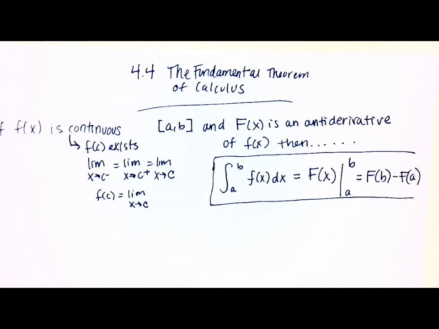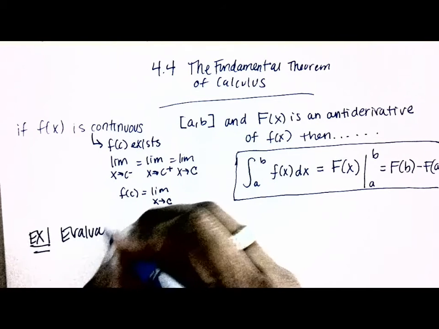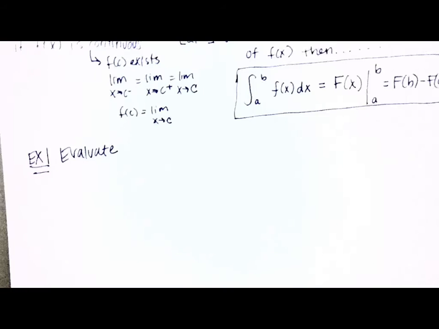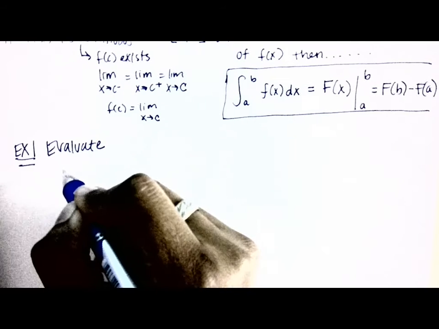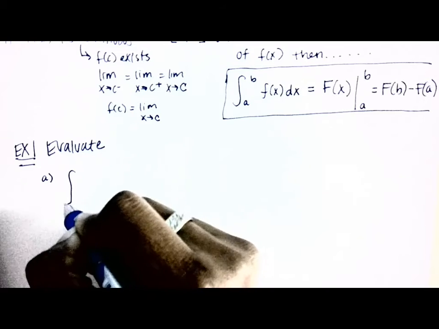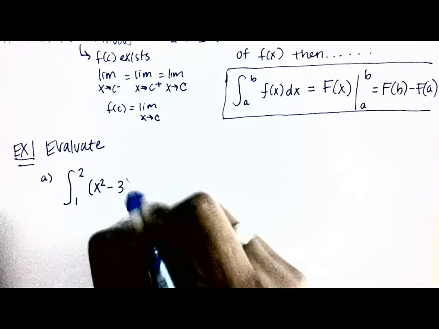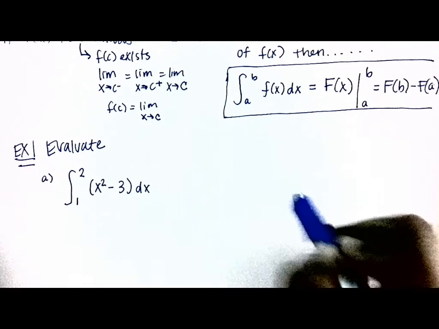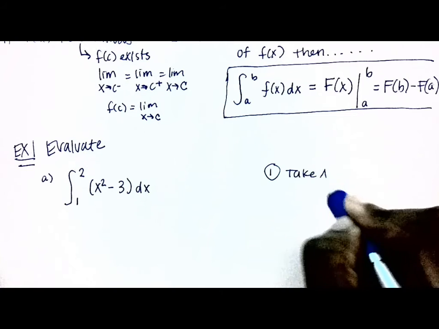So here we go. Example 1. Evaluate the integral from 1 to 2 of x squared minus 3 dx. So, step 1, take the antiderivative.